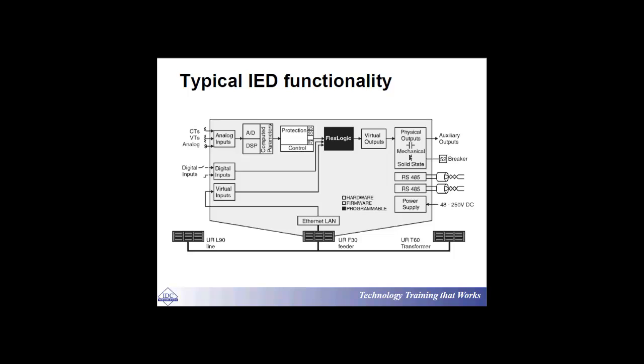Another one is a URT60, which is a transformer protection device. Not a problem. I can connect all of these things together and use an Ethernet LAN or local access network, and then exchange this information with a lot of other devices. Look to the top.